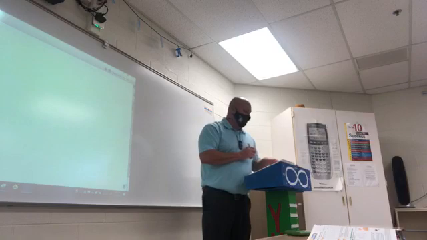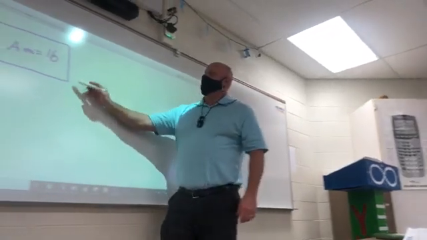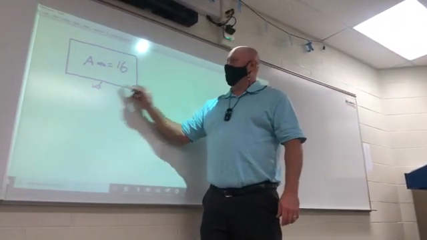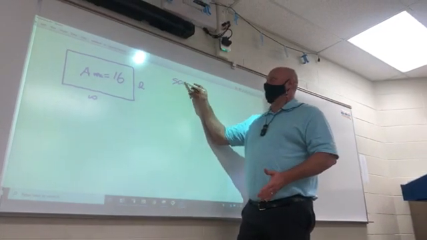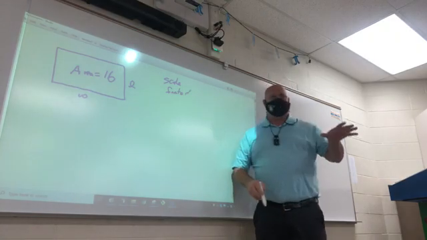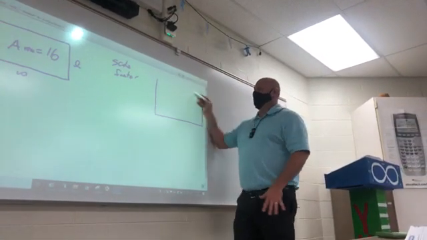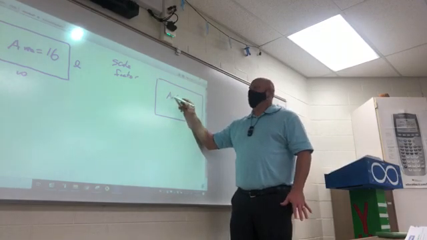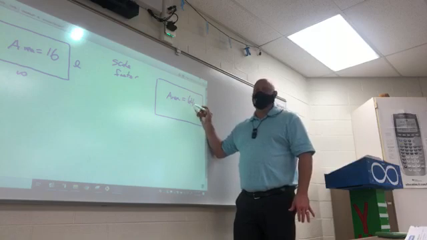But it does say every dimension is multiplied by a scale factor. So whatever this width is and whatever this length is, it's going to get multiplied by some scale factor, right? The result is a new rectangle that has an area of, what, 64?